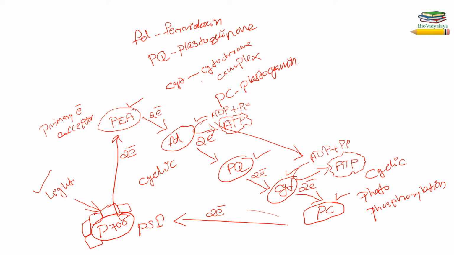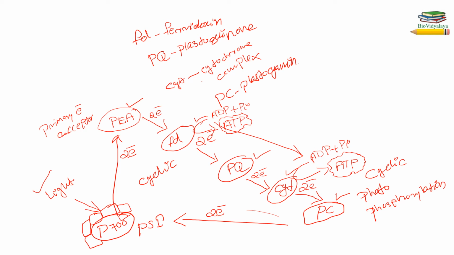That's why there is no need of photolysis of water. So this photosystem 1 is not associated with the oxygen evolving complex or water splitting complex. Photosystem 2 is associated with the oxygen evolving complex, and photosystem 1 is present in the stromal lamella, the bridge between two grana.